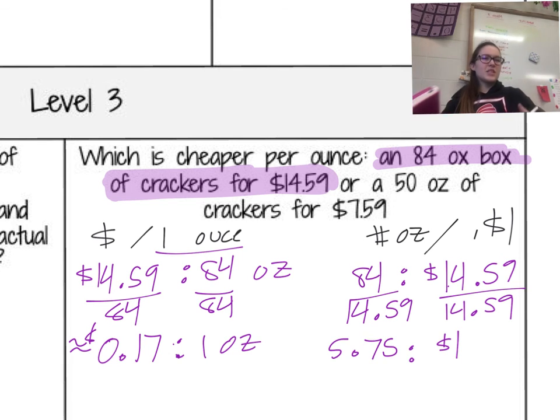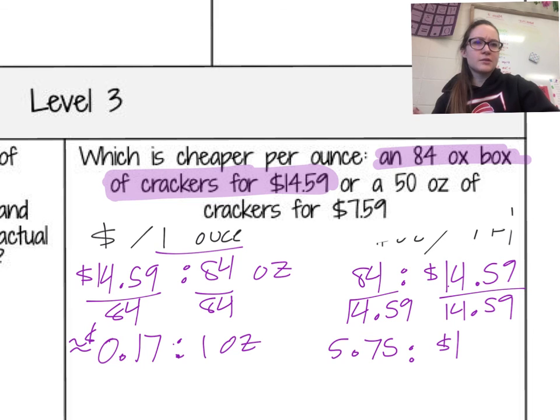Okay, and so you can get 5.75 ounces for $1, which kind of makes sense, but since it's already in a box, right, you can't just buy part of that box. They don't let you do that. So it makes more sense to calculate price per ounce, okay?